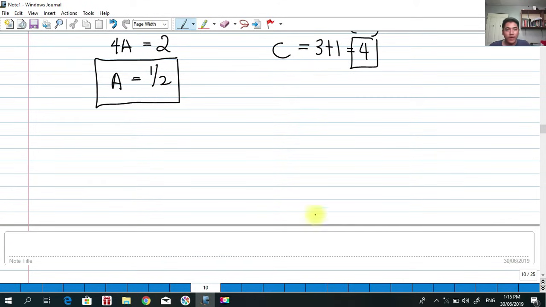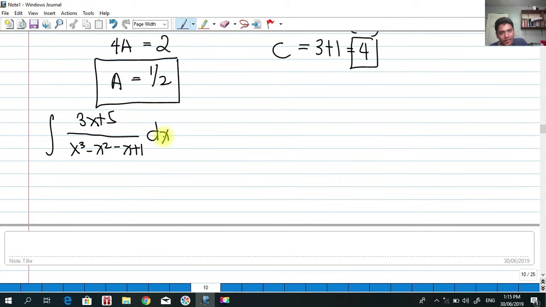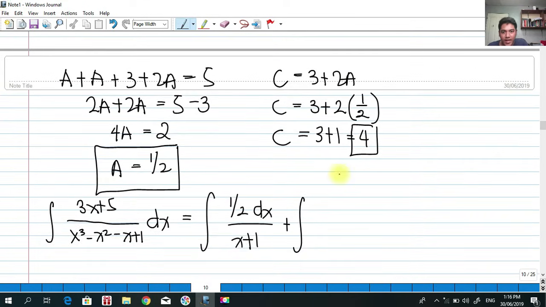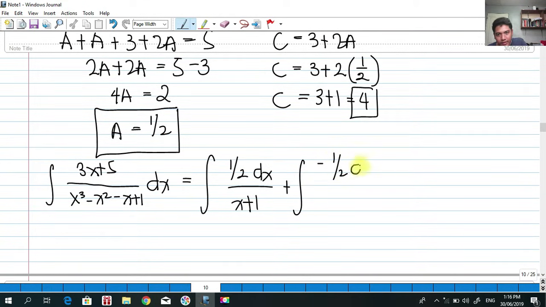So we can therefore now solve for the integral of our given, which is 3x plus 5 over x cubed minus x squared minus x plus 1 dx, and that is simply equal to the integral of a, which is 1/2 dx over x plus 1, plus the integral of b, which is negative 1/2 dx over x minus 1.